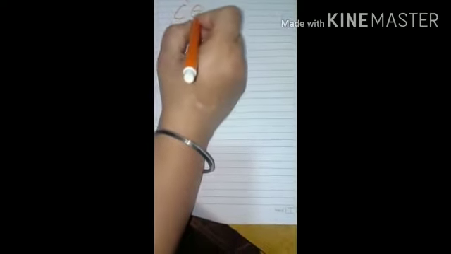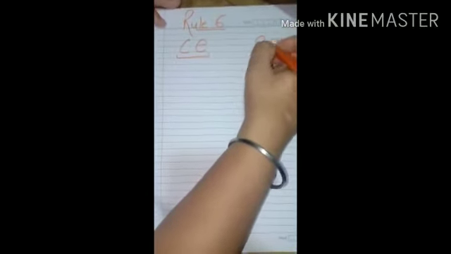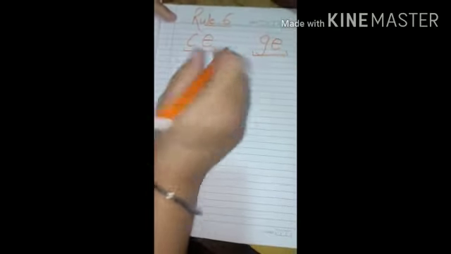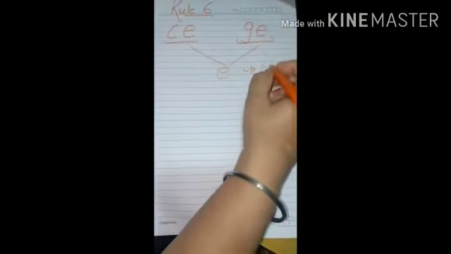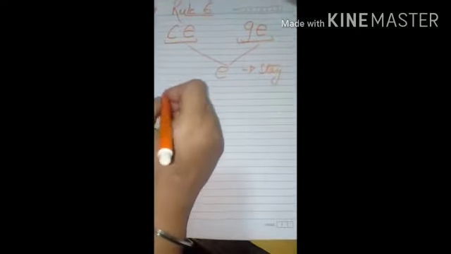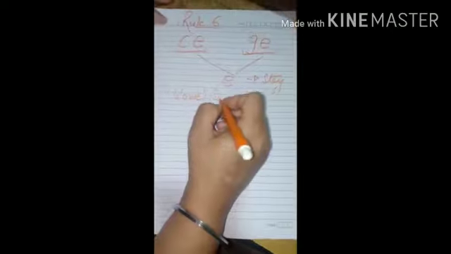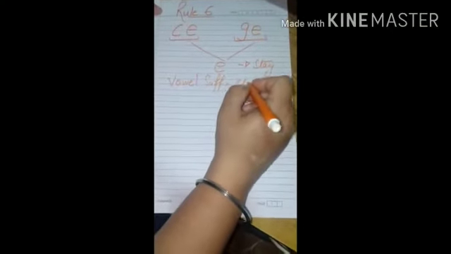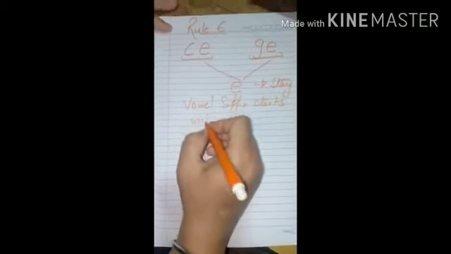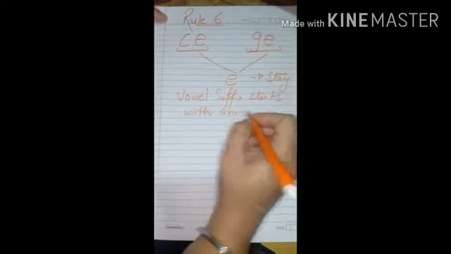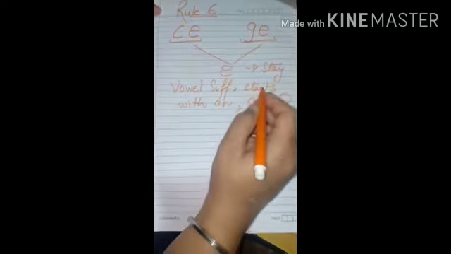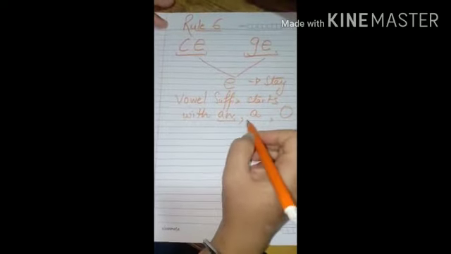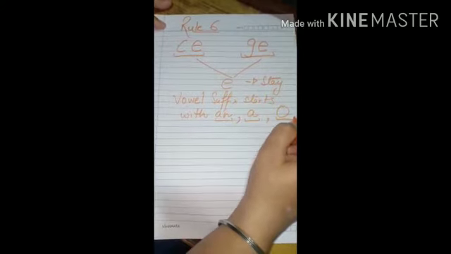Whenever the word ends with CE or GE, there are only two conditions, CE or GE, we are going to keep this E. E is going to stay when the vowel suffix starts with an A or O.